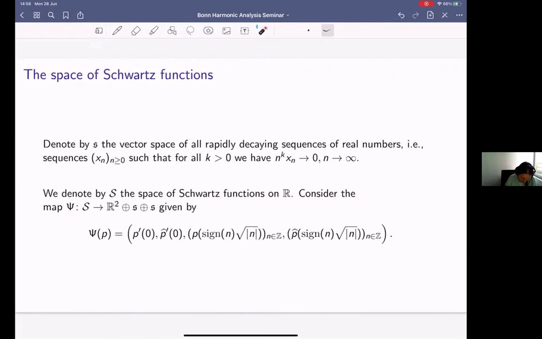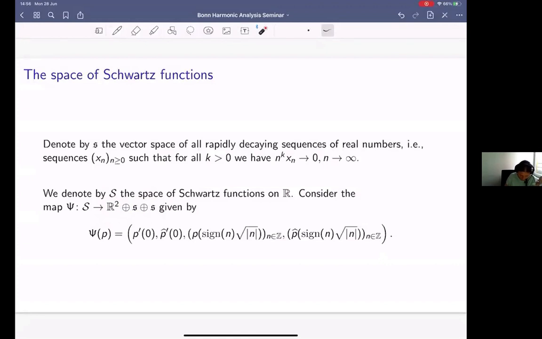Now let's consider the following map from the space of all Schwartz functions on the real line into the direct sum of two spaces small s. Also, because in our story we have this defect of finite codimension, we need some extra information encoded in the space R2.